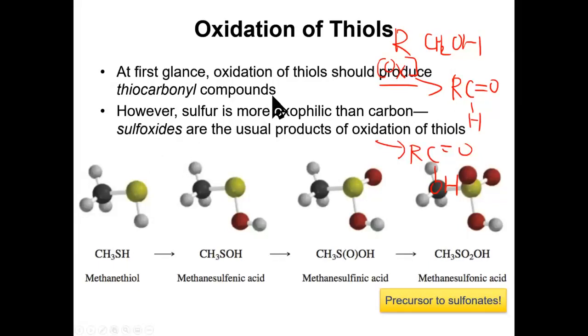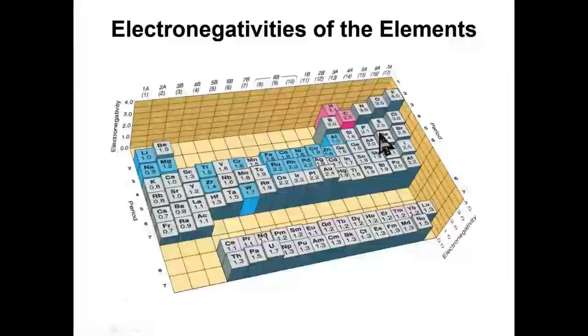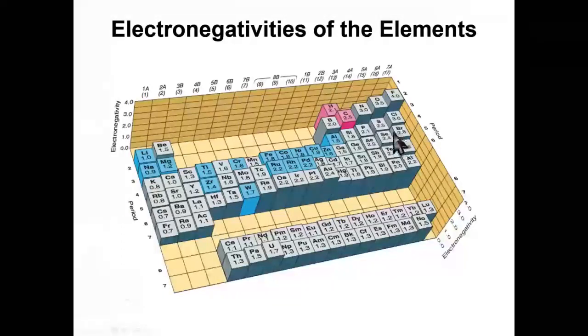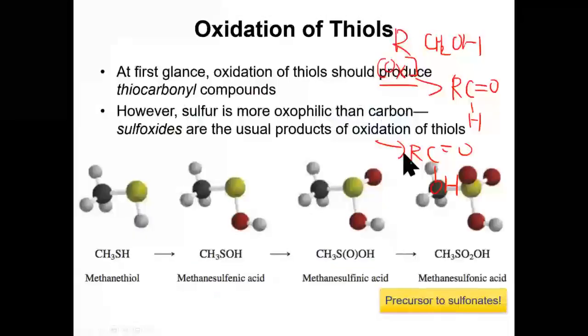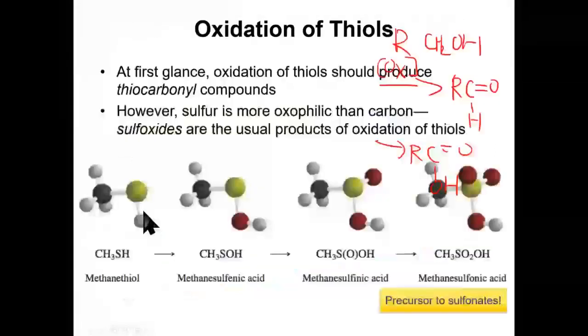Sulfur can form stronger bonds with oxygen compared to other atoms, so that makes sulfur very oxyphilic. And if you check the electronegativity of carbon and sulfur, they are actually the same, both 2.5. But sulfur is more oxyphilic. So as a result, when you oxidize a thiol, it's sulfur being oxidized.